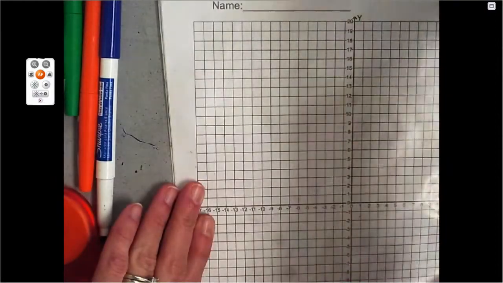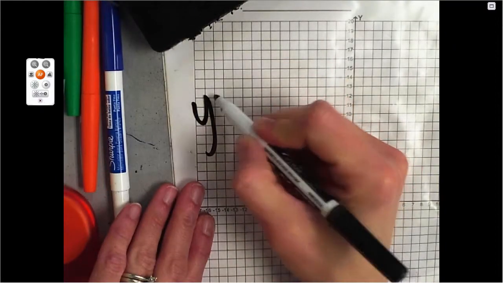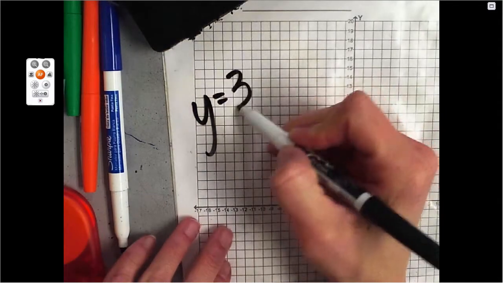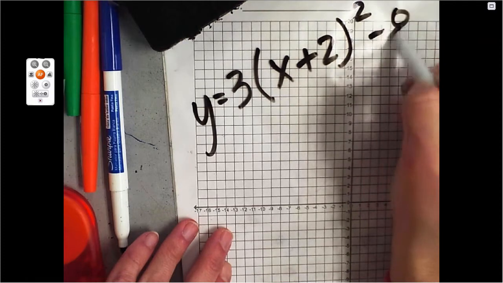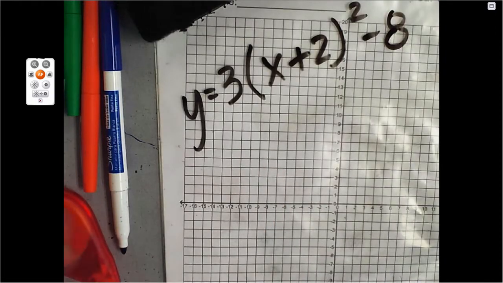Okay, here's what I want you to do. I'm going to give you a problem. I don't want you to graph it. I want you to tell me what the step pattern is going to be. Don't graph it. You tell me what the step pattern is going to be.